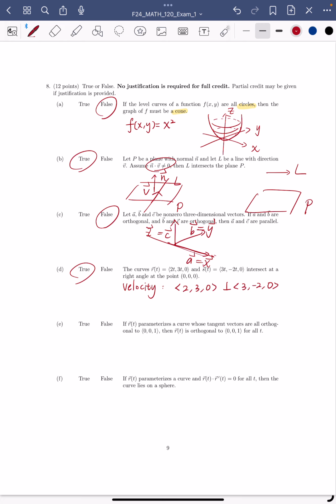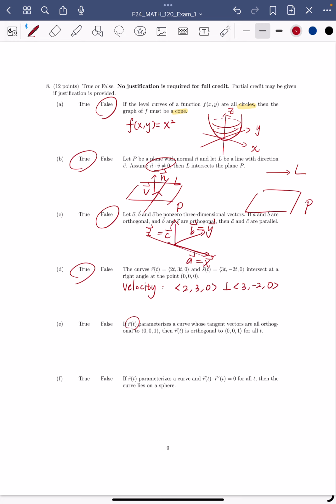Okay, next. If we have a parametrization of a curve, gamma of t, whose tangent vectors are all orthogonal to 0, 0, 1, then this curve is orthogonal to 0, 0, 1 for all t. Okay, I don't think that's the case.